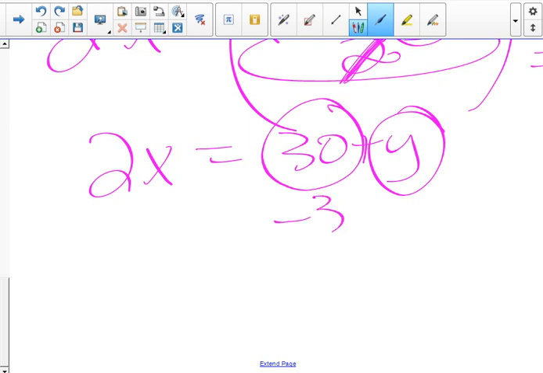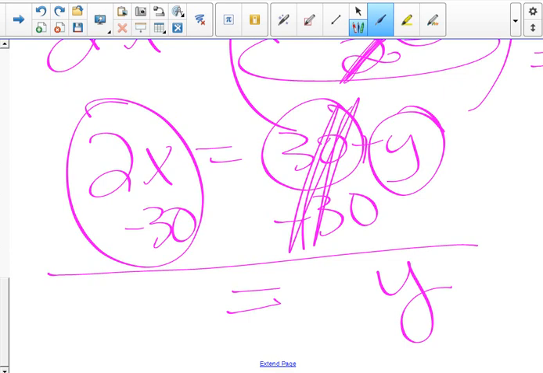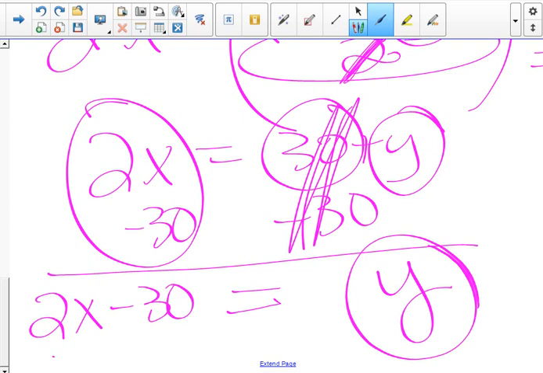So I'm going to subtract 30 from each side. And those 30 terms go away. Now I'm going to carry down my y equals, and now those are not like terms, so they can't be combined. So I'll just rewrite it, 2x minus 30. Now I've solved my literal equation for y in terms of x.